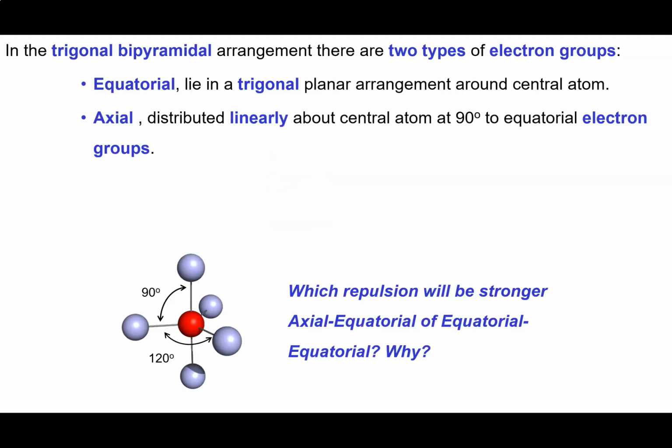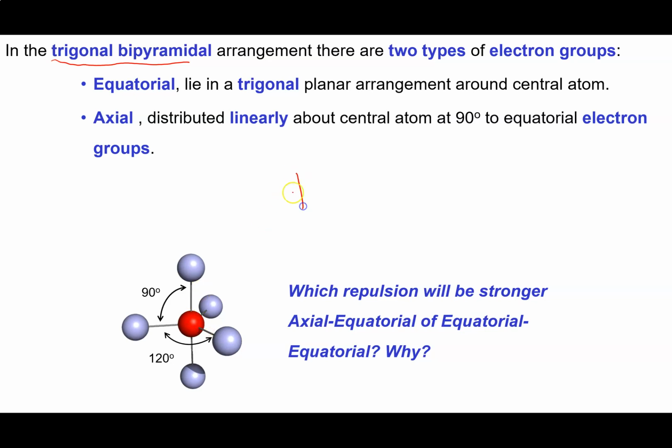All right, so we've looked at 3 electron groups and 4 electron groups closely, where we have 1 or 2 lone pairs. Now we're going to look at molecules that have an expanded valence shell and have 5 electron groups around them. So let's have a look at this.